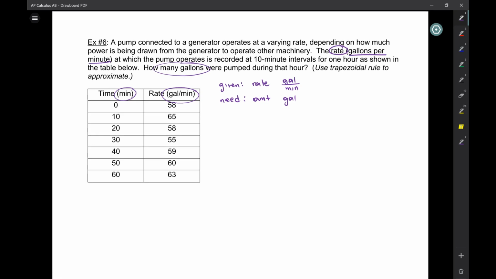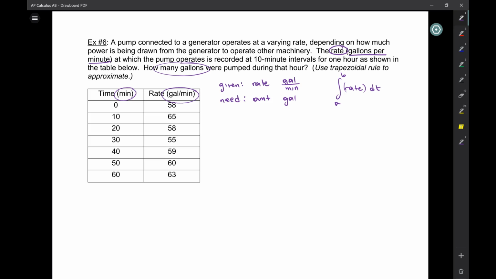That's amazing. Now, when you're given this, it's basically the integral rate times dt. Well, if you have a function, then you find the integral. But if you don't have a function, what does integral mean?